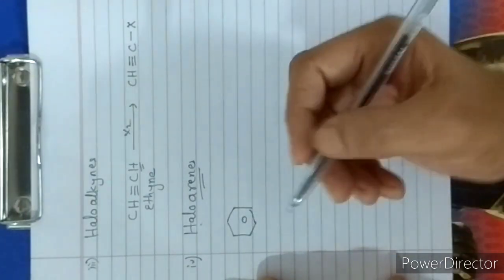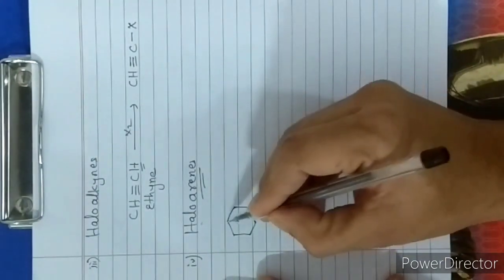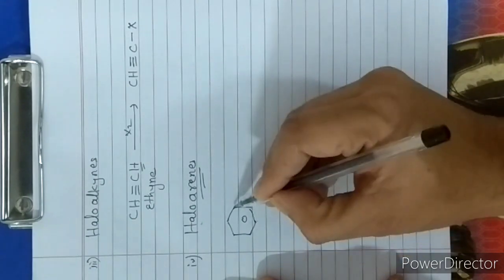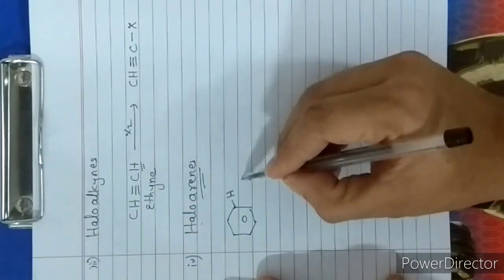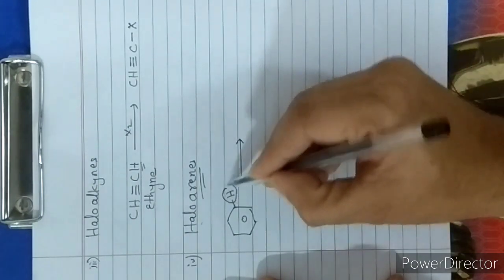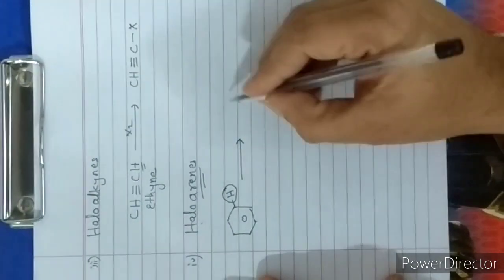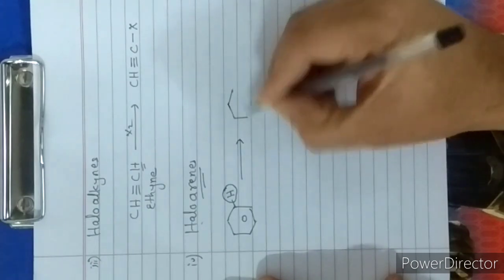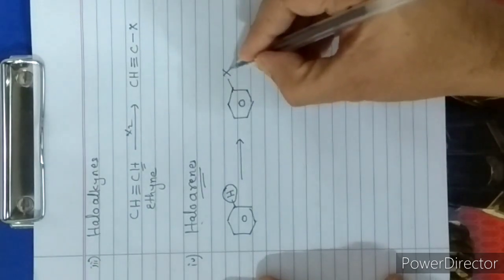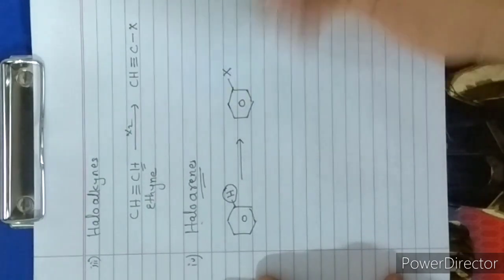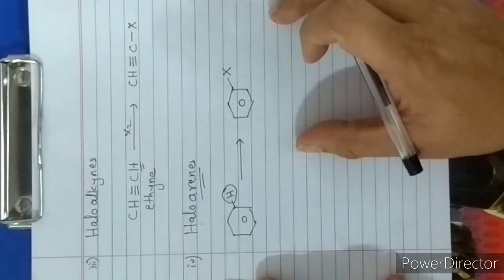Now you do understand the structure of benzene. These are the carbons, and each carbon is also having one hydrogen. Now what I do, I replace this hydrogen again by halogen, and the product so obtained will be haloarenes, right? Clear, student?